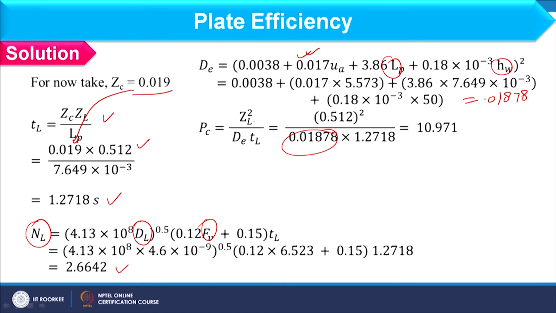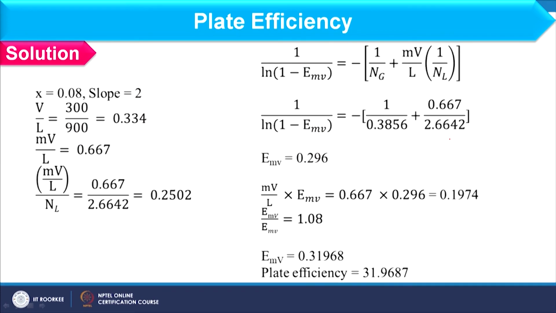I already know the ZL and TL values, so I can calculate the Peclet number, which is coming out as 10.971. Here I have the slope which is given, and V by L we can obtain from the given data, and that is 0.334.